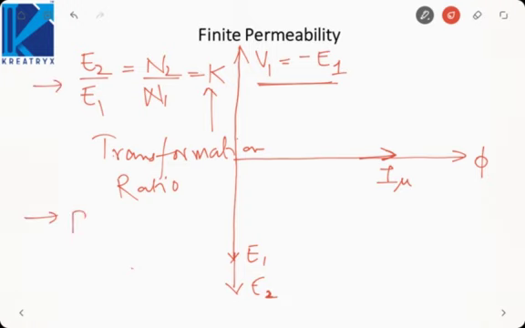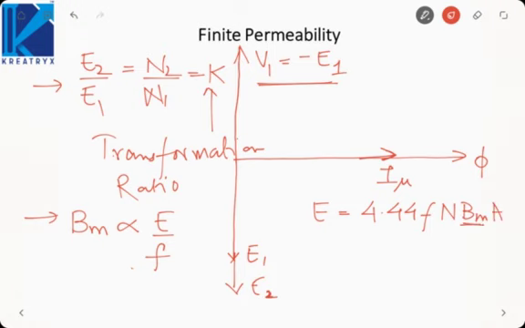Now, maximum flux density inside the core is directly proportional to E by F. As we saw, EMF was 4.44 F N B, so maximum flux density was proportional to E by F, or we can say V1 by F.